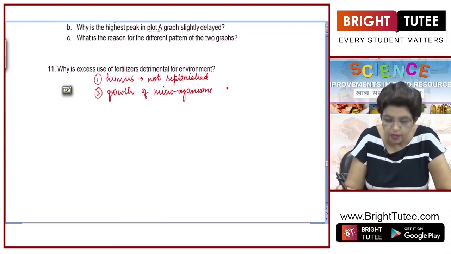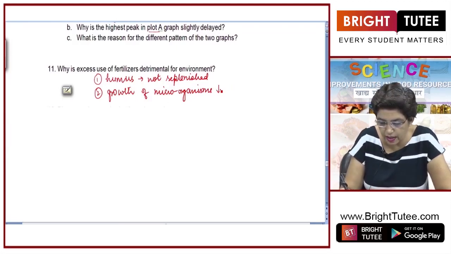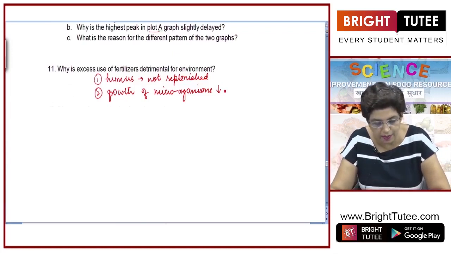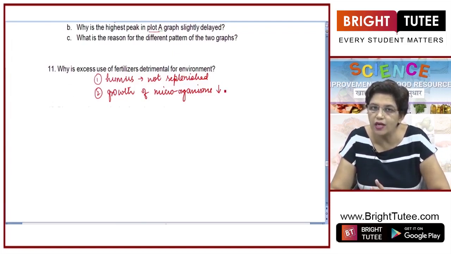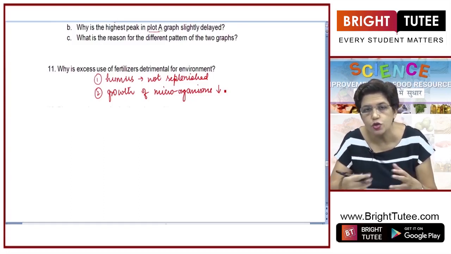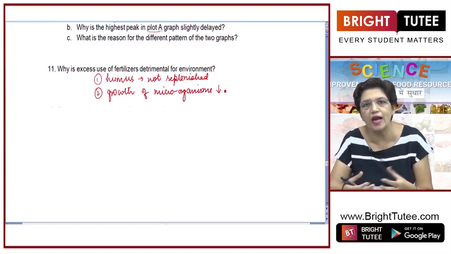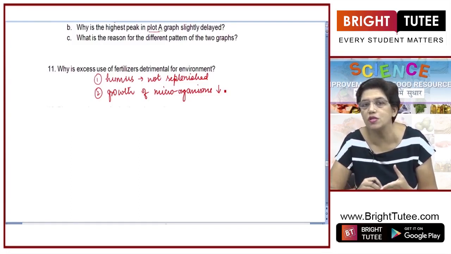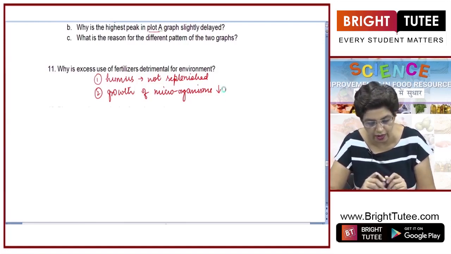Fertilizers do not allow the growth of the microorganisms because they are chemical compounds. These microorganisms are healthy for the soil as well as for the growth of the crops, because they cause nitrogen fixation. So over the years the need for adding fertilizers keeps on increasing, and the cost of input also keeps on increasing. That is why we say it is detrimental for the environment.